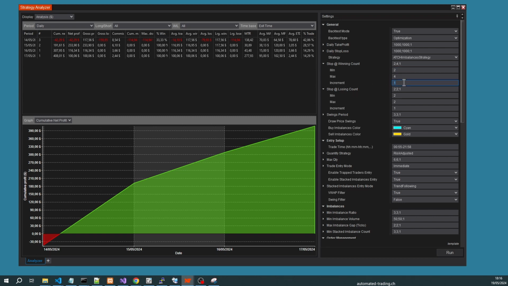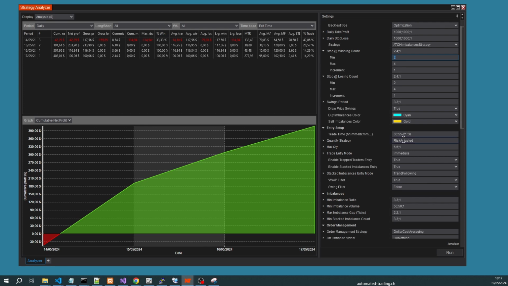So the optimization will try all the possible values between the minimum and the maximum value. And the stop at losing count, I will set the same way, 2 to 4. So the optimization will try different values for all the parameters, and it will try to find the best combination which will produce the best result.